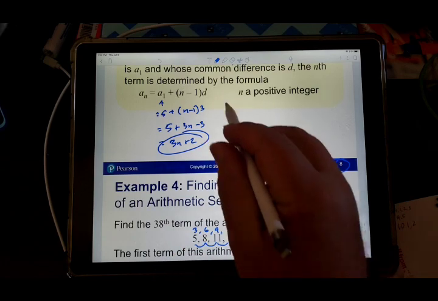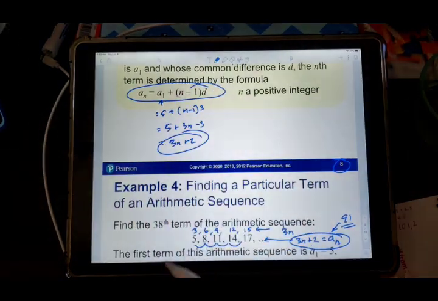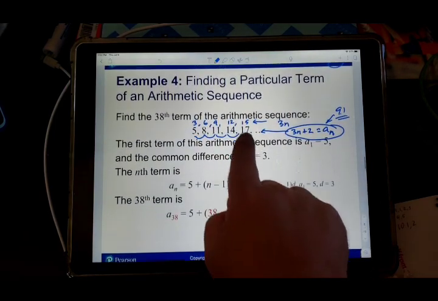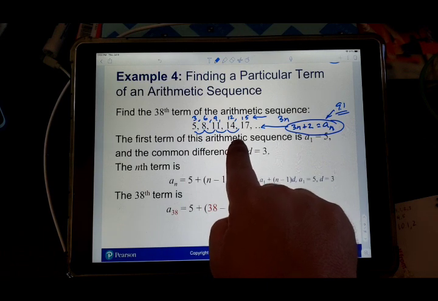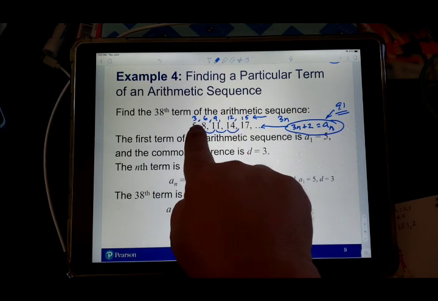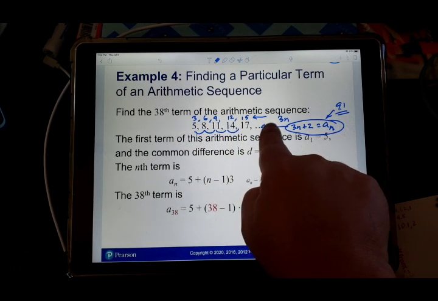But again, it's a tall order to ask everyone in a class to think of 3, 6, 9, 12, 15 equals 3.